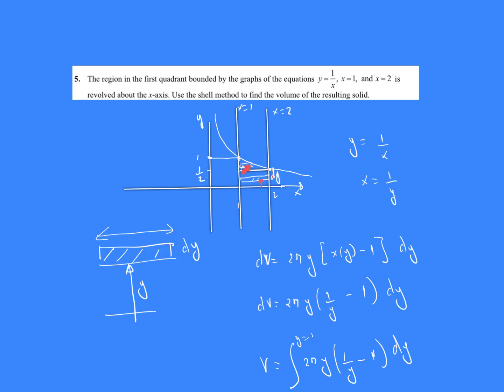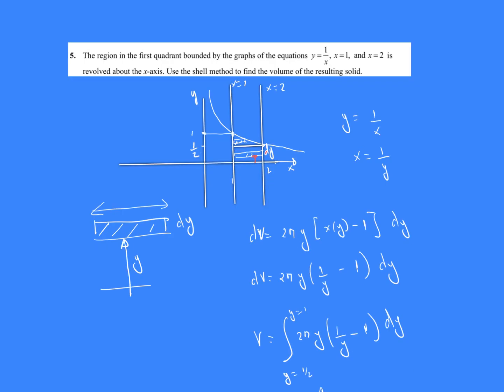The length of this horizontal door is x of y, that is 1 divided by y, minus 1. So I will sum from y equals 1/2 to y equals 1, because I want positive volumes.